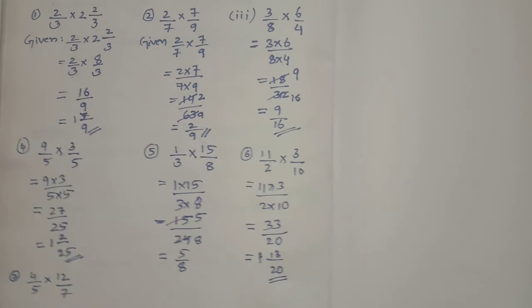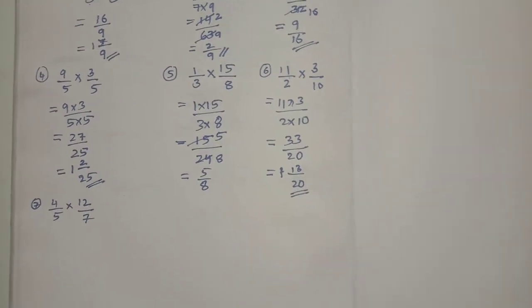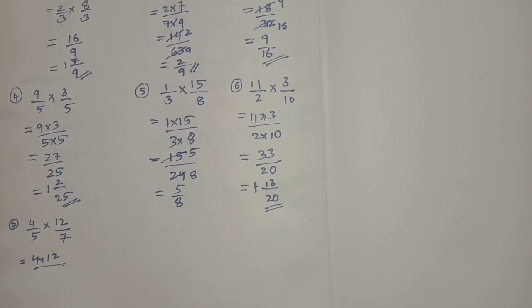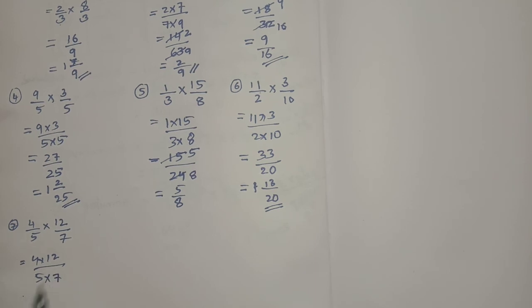Last question. 4 into 12 divided by 5 into 7, student. 12 4s are 48, student. Divided by 5 7s are 35.